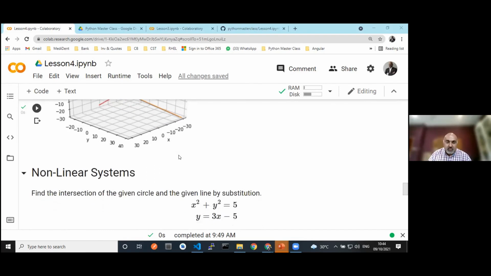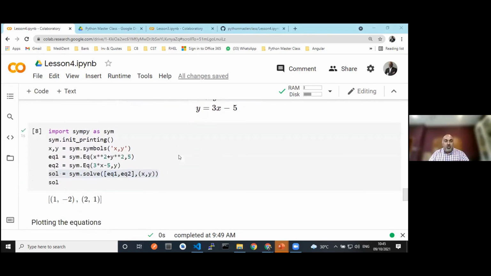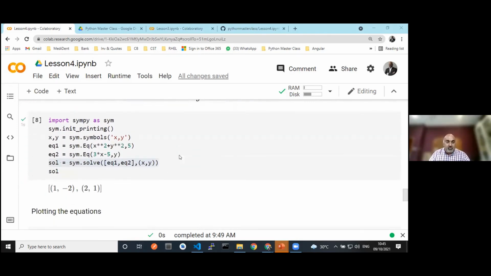So this is not a very, very advanced course, but it's just to give you the perspective of where we are going to go with this. All right. So I've taken the liberty to show you how to solve an equation. Here we need to use another library called SymPy.